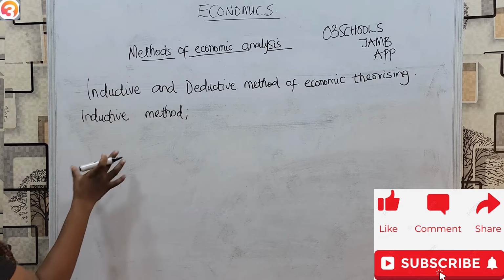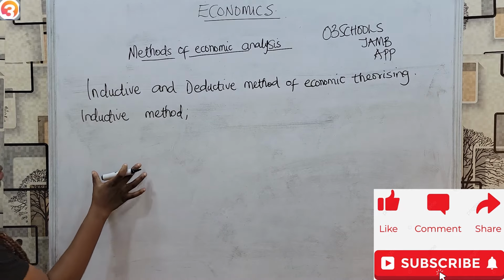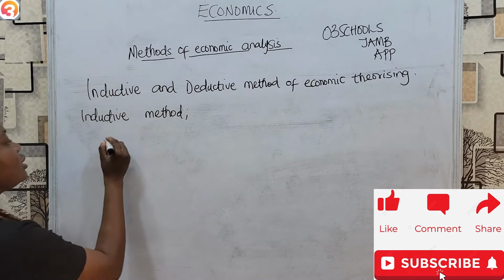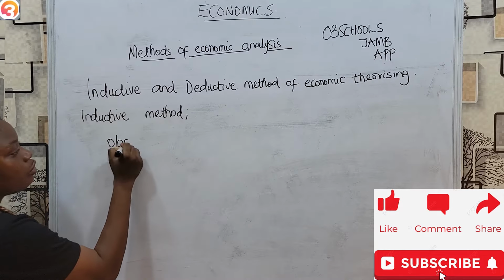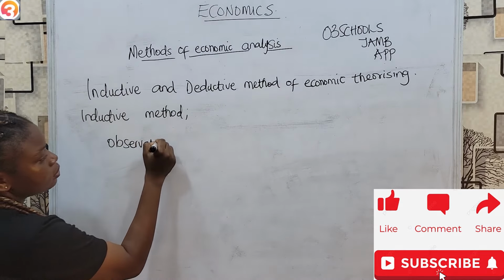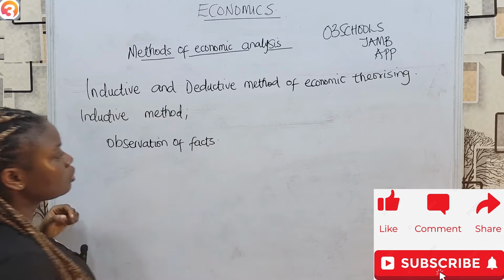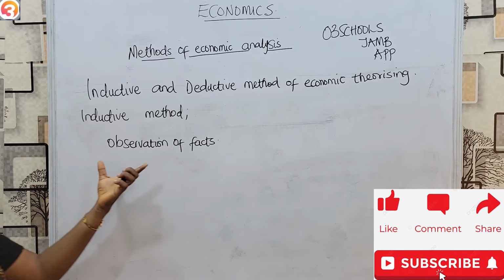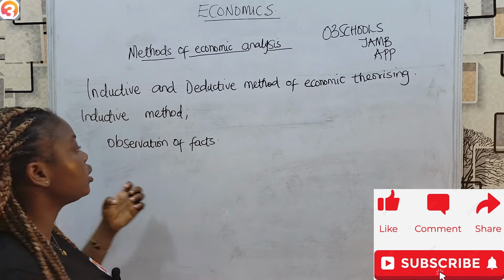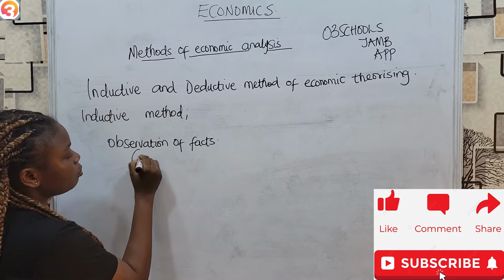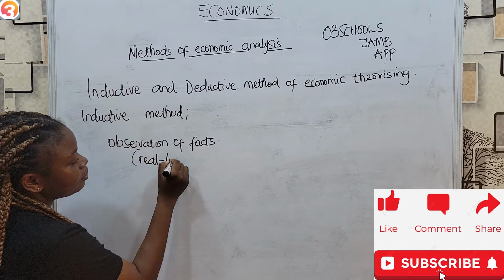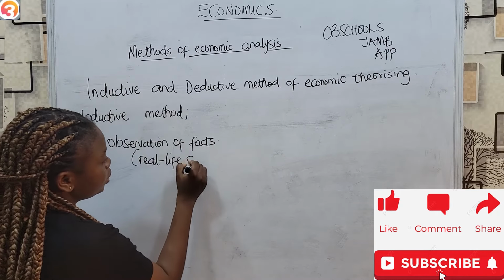In this method of formulating theories in economics, we start from the observation of facts. The inductive method starts with the observation of facts, that is facts gotten from reality, real life situations.